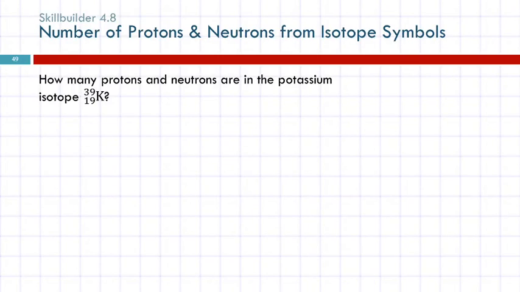It has 19 protons, right? So, 19 protons. How do I find the number of neutrons? I subtract. 39 minus 19. Well, that'd be 20, right? So 19 protons, 20 neutrons. Any questions?